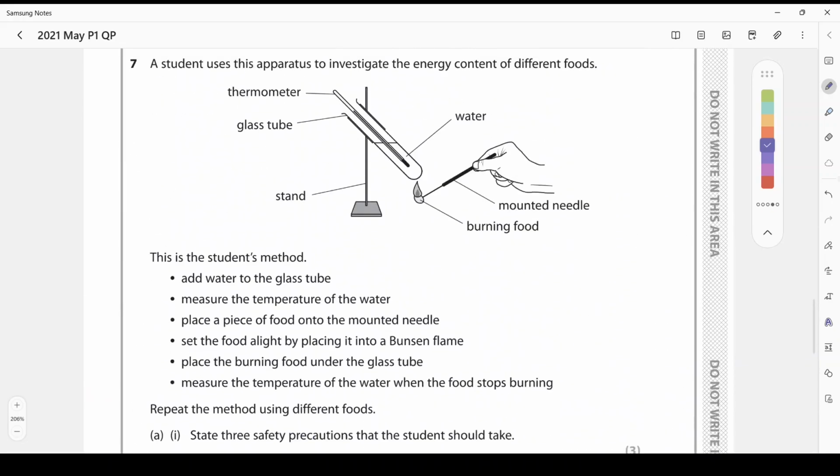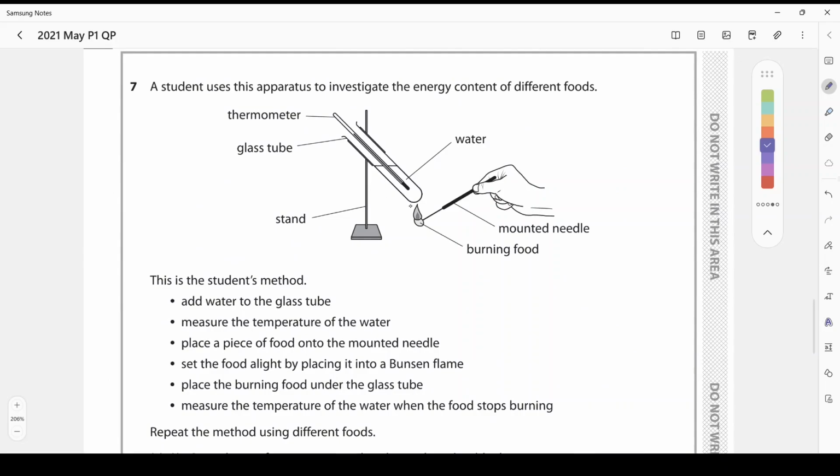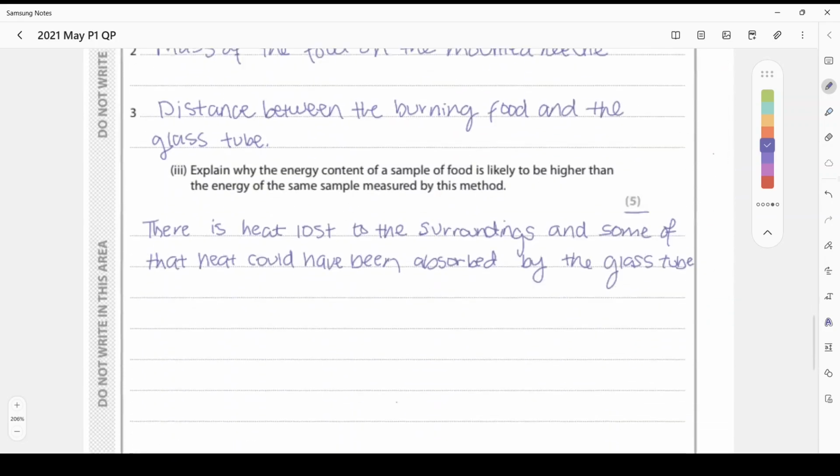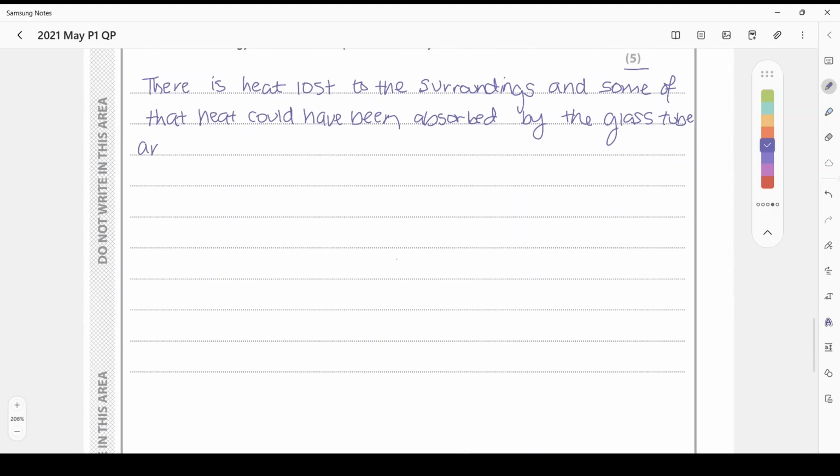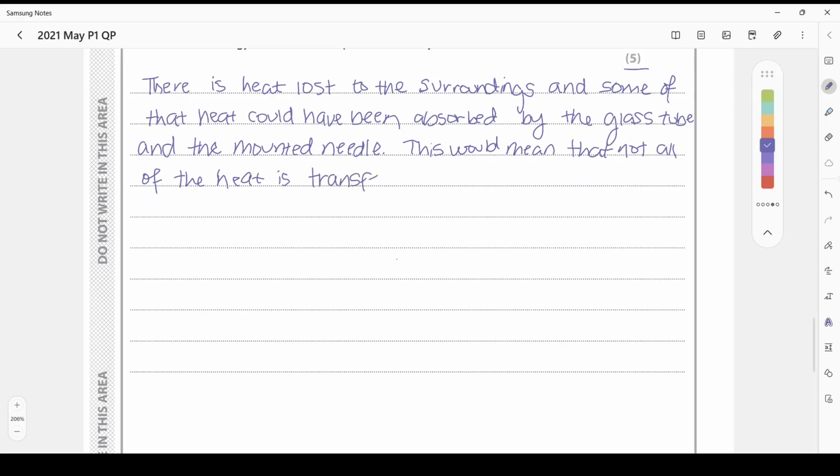So it could be transferred to or absorbed by the glass tube here, or even the mounted needle as well. This would mean that not all of the heat is transferred to the water.